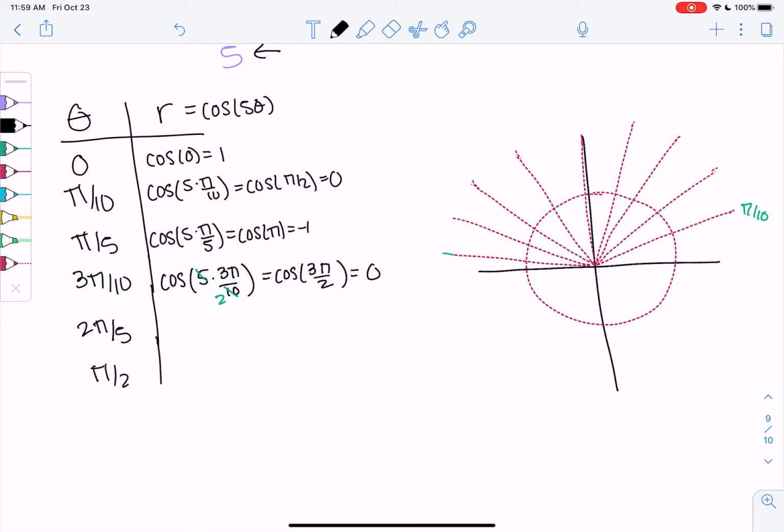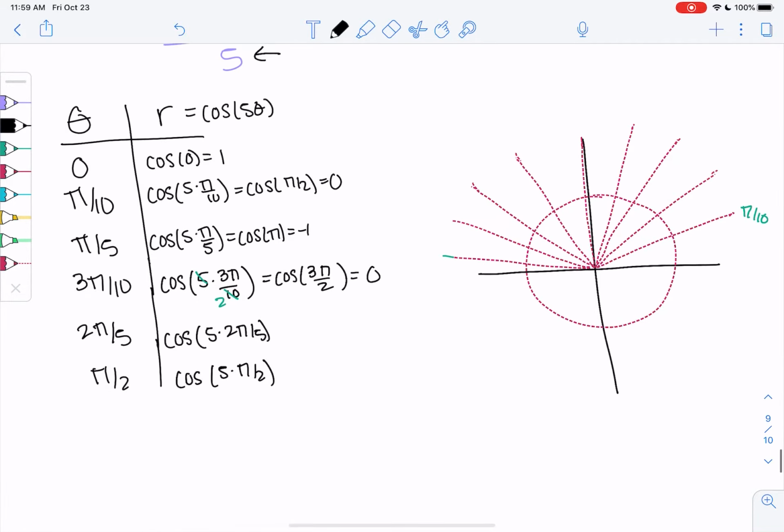Maybe pause the video and see if you can do the next two without me. So if you've tried them, I think I get cosine of 2 pi, which is 1. And I get cosine of 5 pi over 2, which is 0. 5 pi over 2 would be right here, so it's the same as pi over 2.